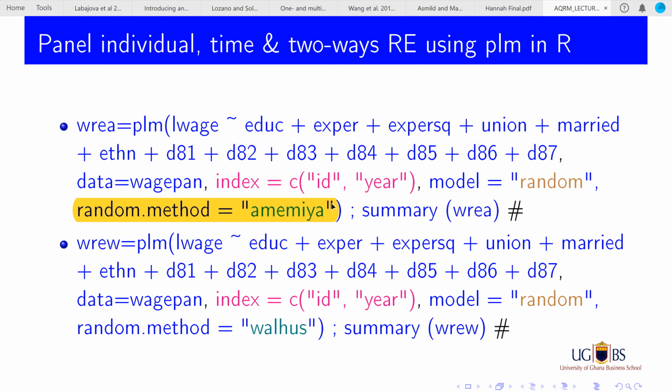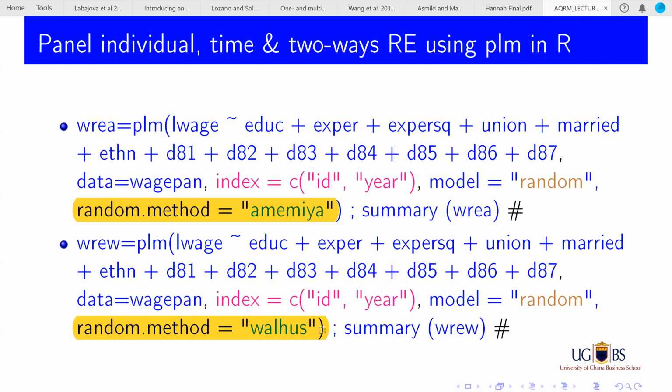You can have the Amemiya transformation. There are also Wallace and Hussain, two people, whose transformation you can use as well. There are several transformations you can use, but the standard one is the Swamy-Arora transformation.